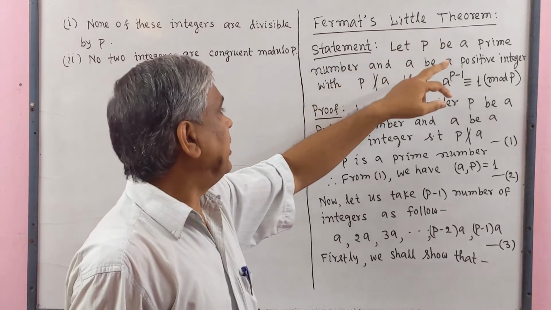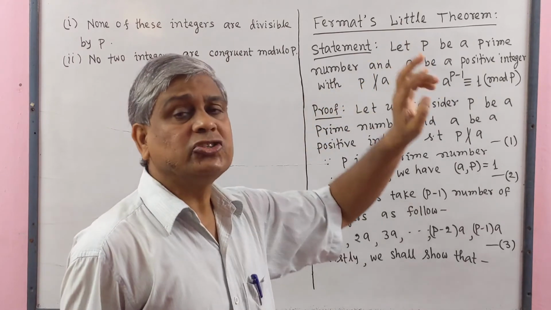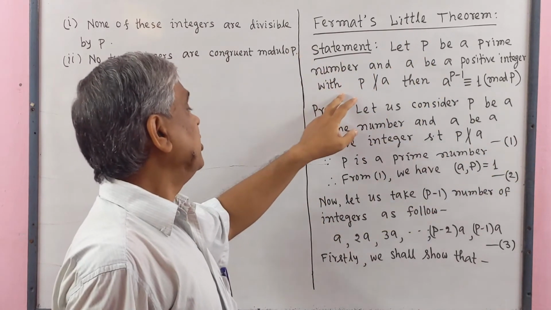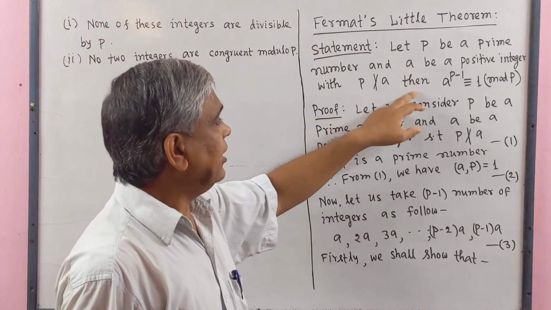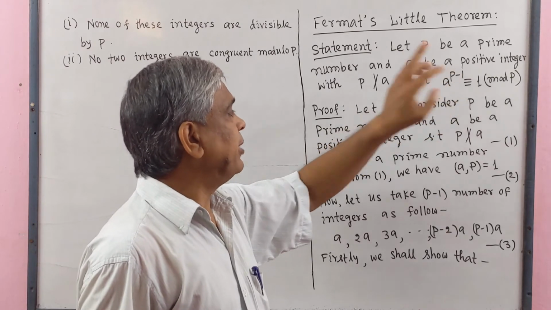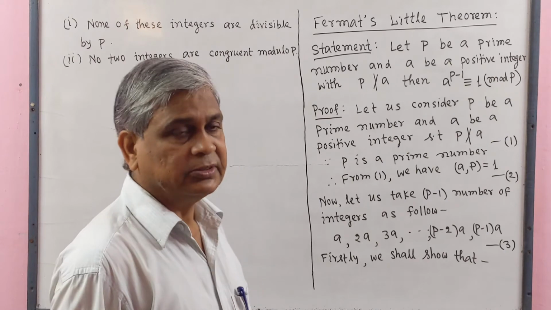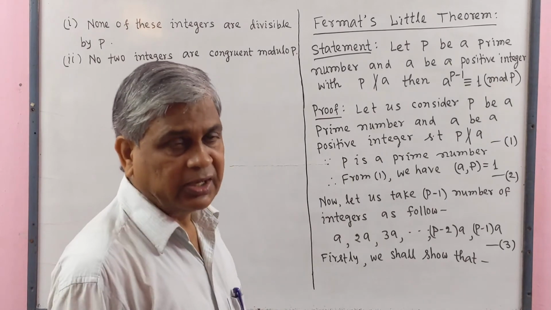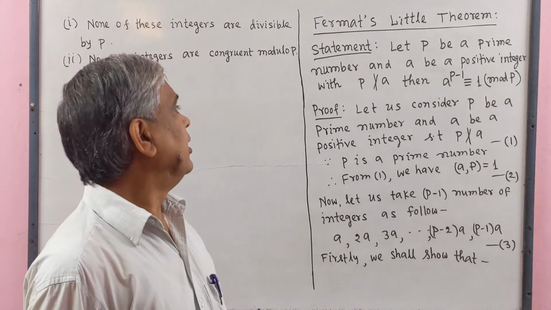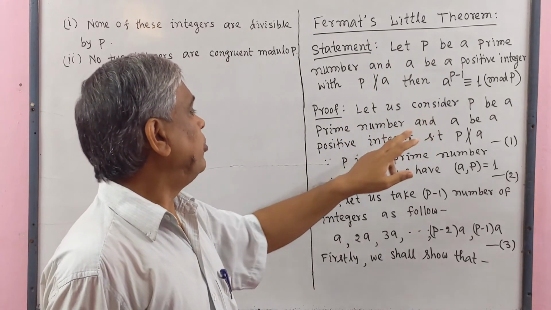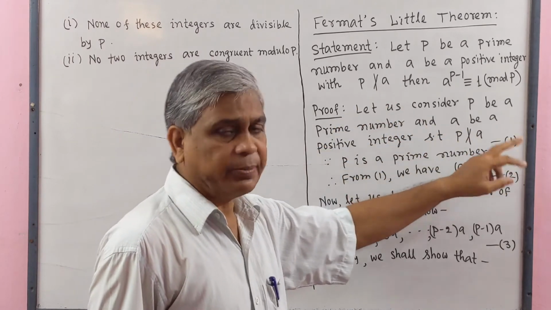Let P be a prime number and A be a positive integer with P does not divide A, then A to the power P minus 1 is congruent to 1 modulo P. Now we prove this. Let us consider P be a prime number and A be a positive integer such that P does not divide A. This is number 1.